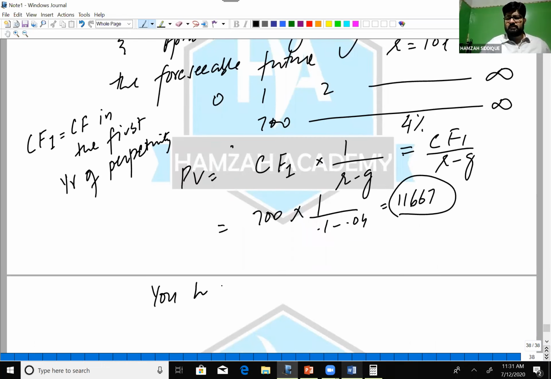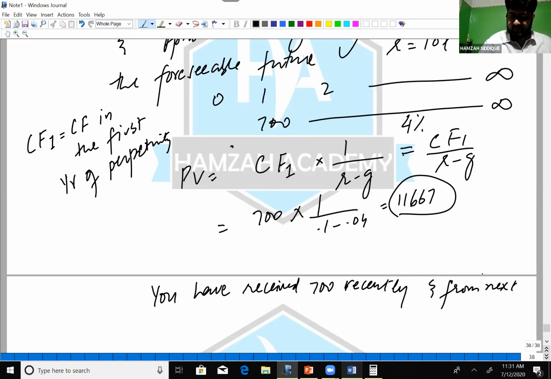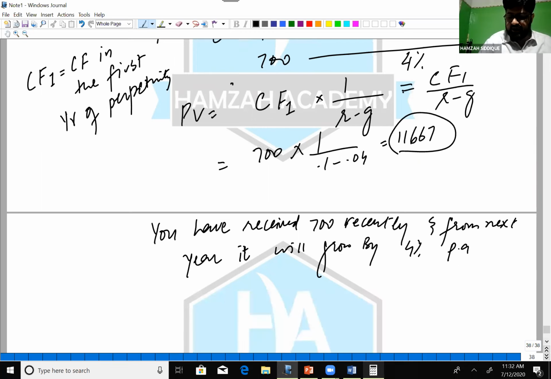You have received 700 recently, and from next year it will grow by 4% per annum in the foreseeable future.